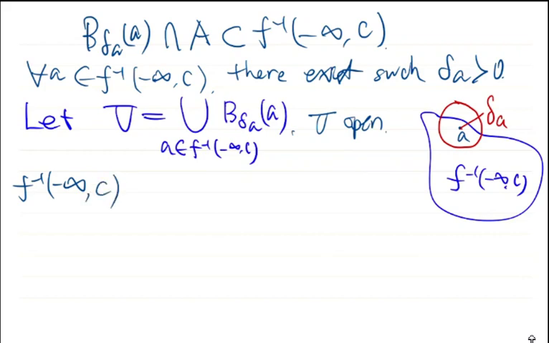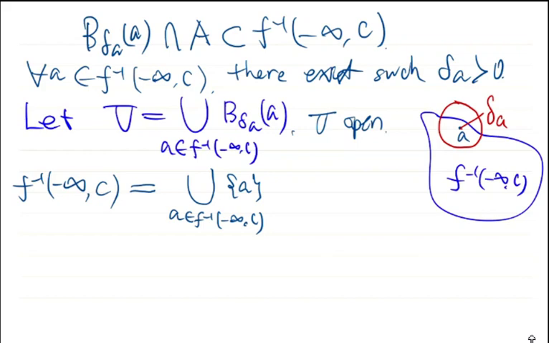This pre-image, of course, is the union of single point sets. Every set can be considered as a union of single point sets. This single point set consists of every point in this set.